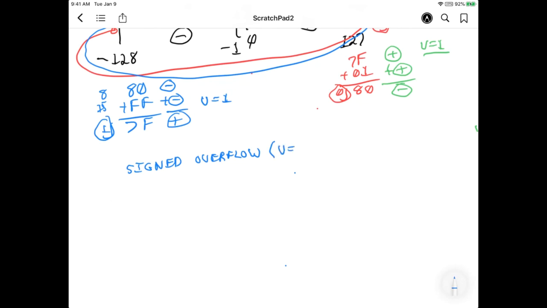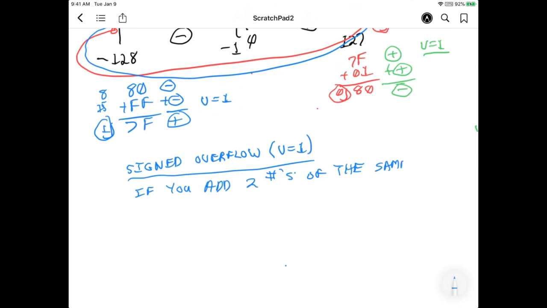A signed overflow means that V equals 1, and V equals 1 means yes. The 1 means yes, it's true that we have a signed overflow. And you get a signed overflow if you add two numbers of the same sign and get a result of opposite signs.